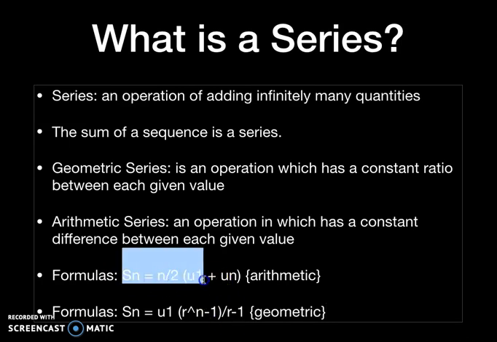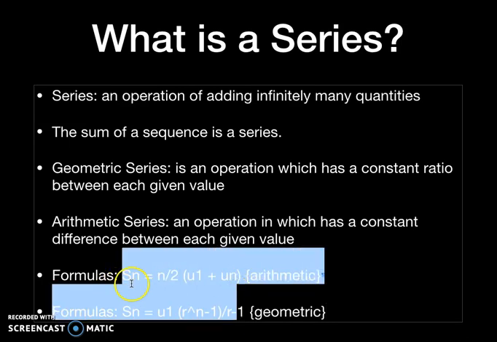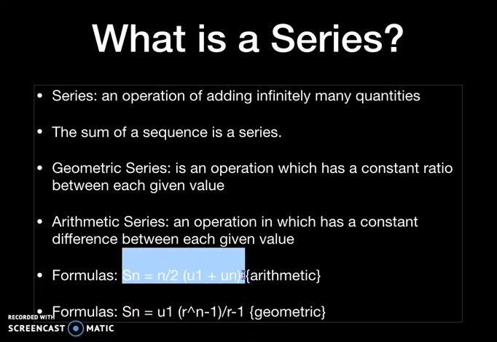And these both can be shown in different fashions. For the arithmetic series, you could actually have Sn equals n over 2, open parentheses, 2u1 plus, open parentheses again, n minus 1, close parentheses, d, close parentheses. That's a longer way of doing this one; this is just a simplified version.